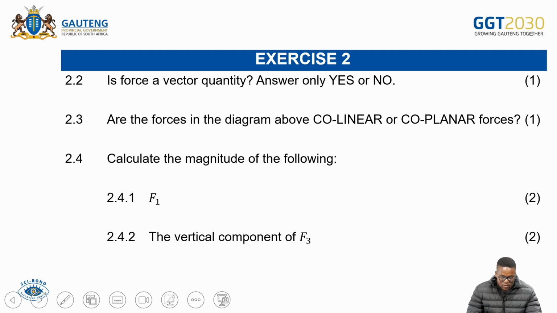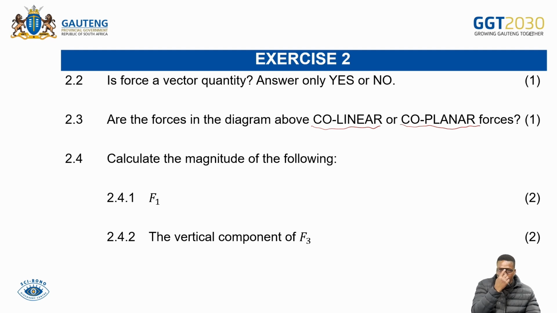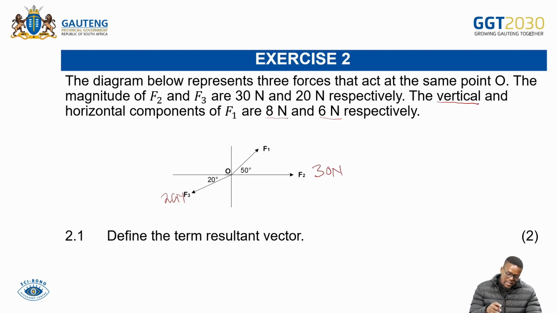Okay. So are the forces in the diagram above collinear or coplanar? Remember, we've done collinear vectors and coplanar vectors. Collinear vectors are vectors that are acting in the same line, and coplanar vectors are vectors which are acting on the same plane. Looking at these three forces, we've got F1, which is acting at an angle of 50 degrees with the horizontal, and F2 is acting at an angle of 90 degrees according to the bearing method, or simply pointing east.